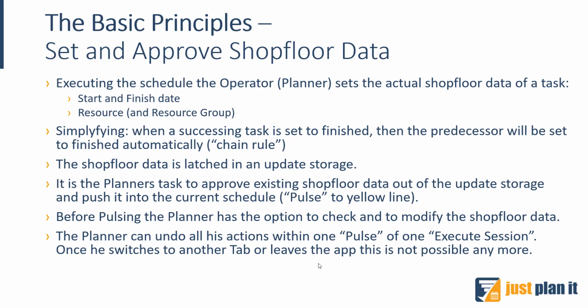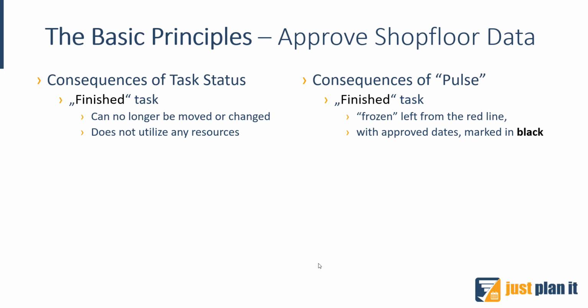Okay, so let's have a look then at the consequences of the status for the tasks. So a finished task, of course, once it is approved, can no longer be moved or changed.